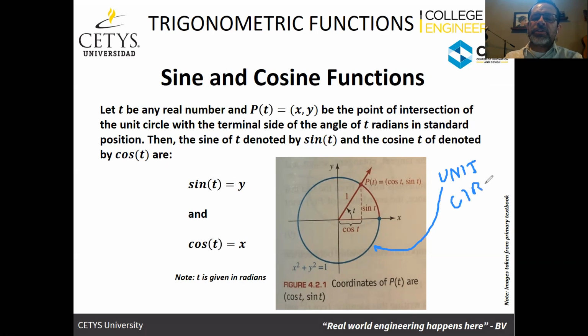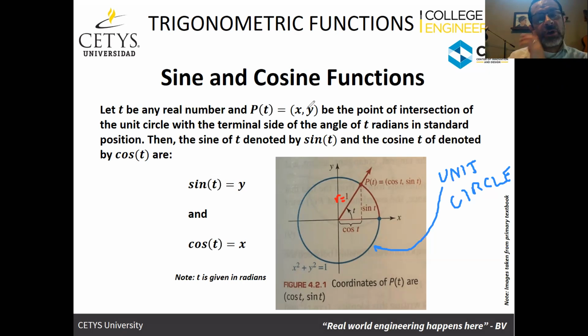And what is a unit circle? It's a circle that's centered in the origin and that has a radius of 1. That's why it's called a unit circle. And the sine and cosine functions are defined with regards to the unit circle.